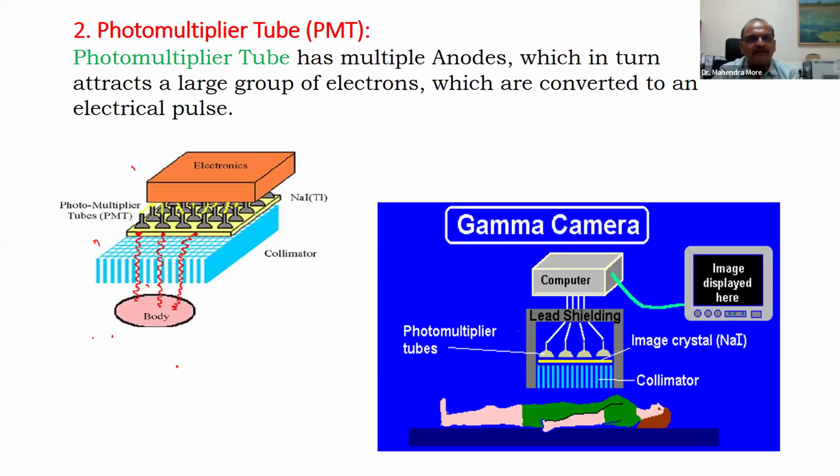Those light photons are detected by the photomultiplier tube. The PMT has multiple anodes, which attract a large group of electrons that are converted to electrical pulses. So the patient lies there, and we have the collimator, then the scintillator, then the photomultiplier tube, and then other electronics and computers to get the proper image.